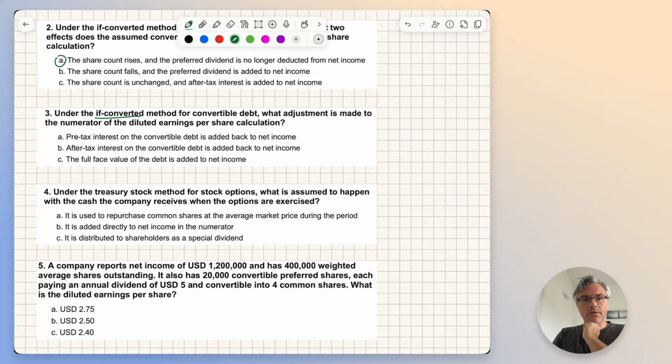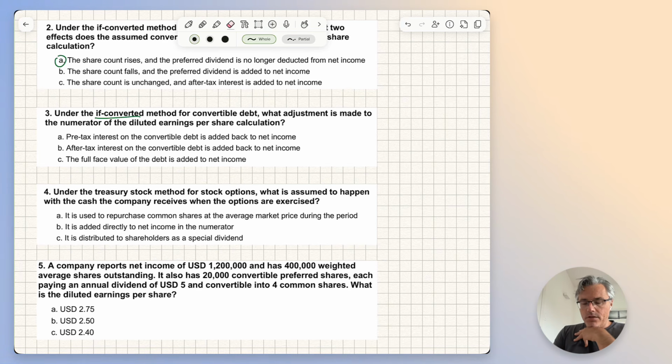Under the if-converted method for convertible debt this time, what adjustment is made to the numerator on the diluted earnings per share calculation? Just asking about the numerator, so the top of the fraction. Right.